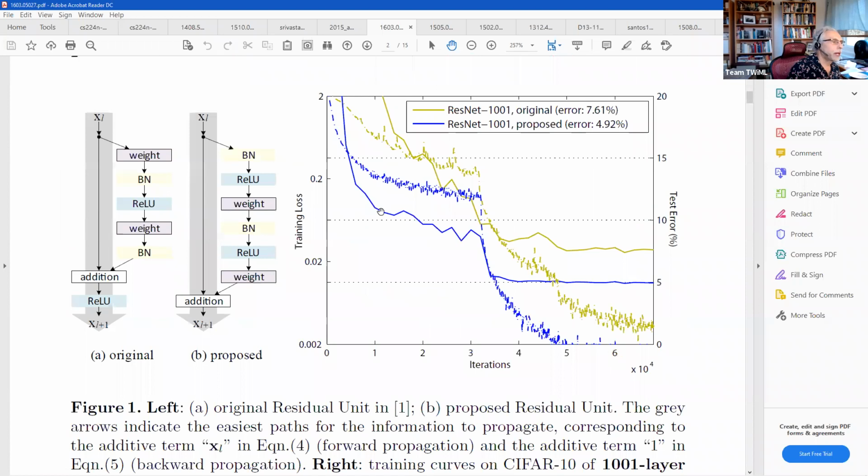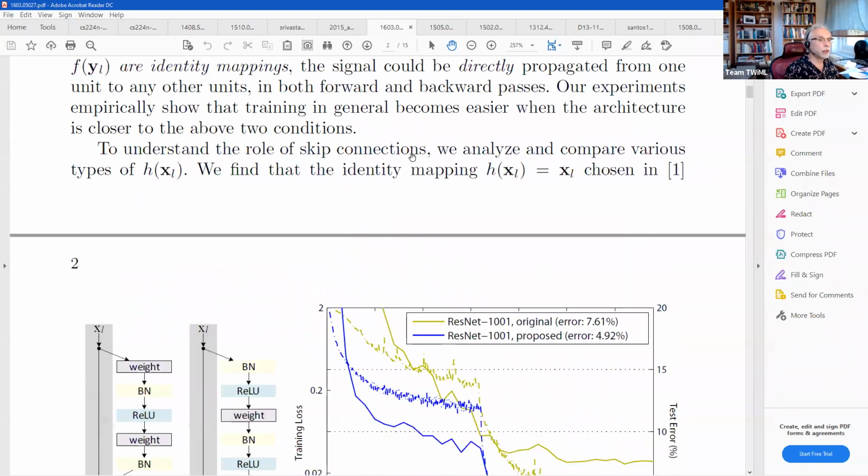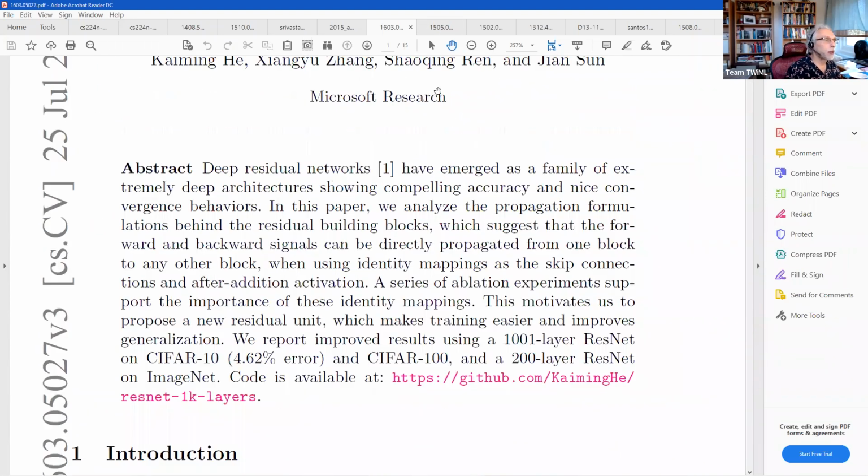Remember what a skip connection is. You go through some layer and get to the end of the layer and you have an output, but then you remember the input to that layer and you concatenate them together or add them together, in this case add them together at the end. It's a way of not losing what you had to start with, keeping the initial values of the weights as well as the altered values of the weights. So this turns out to be a famous paper.